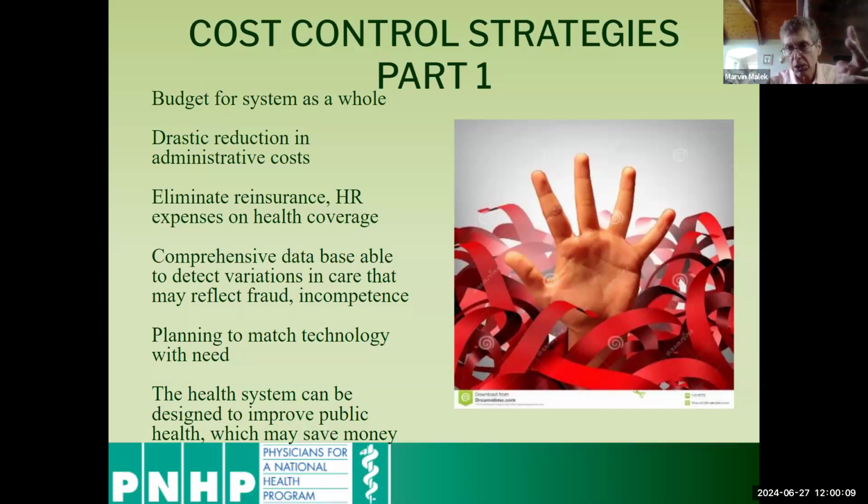The two strategies, which merge into one, are a drastic reduction in administrative costs, and you can drive a major reduction in prices. So on day one of initiation of a single payer system in the United States, you would go to the drug companies and say, we're done. We're no longer paying more than they pay in France or the Netherlands or anywhere else.